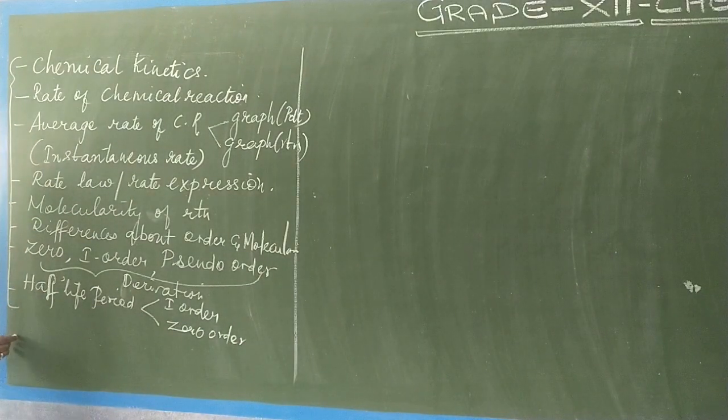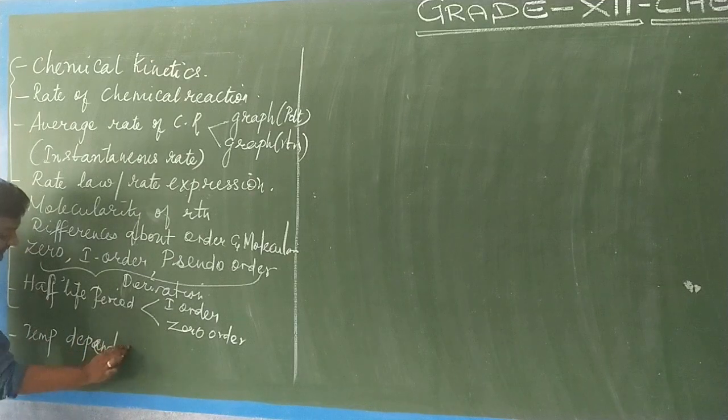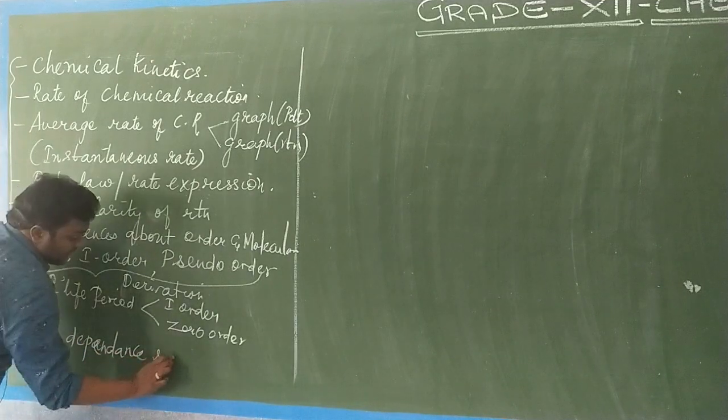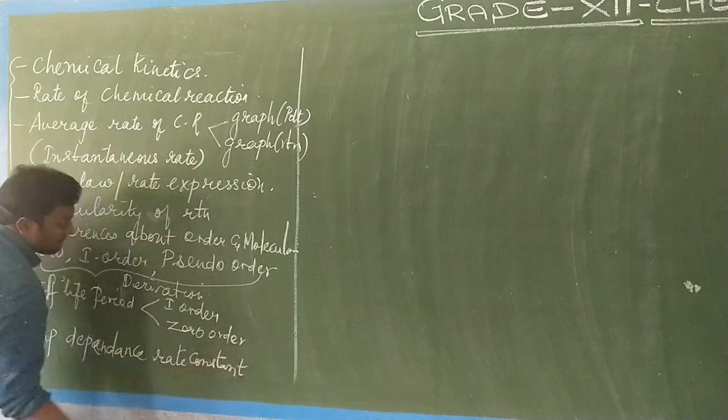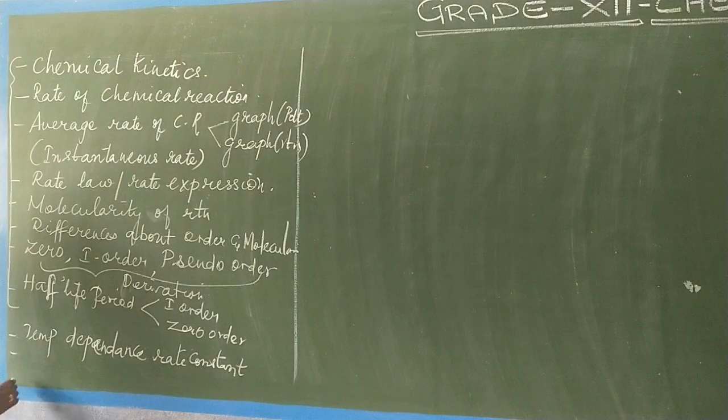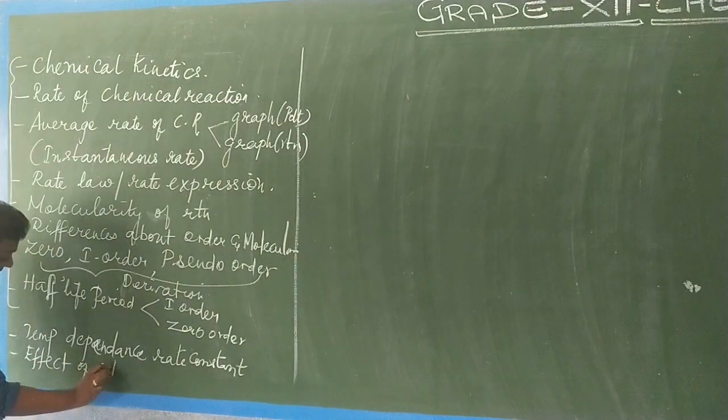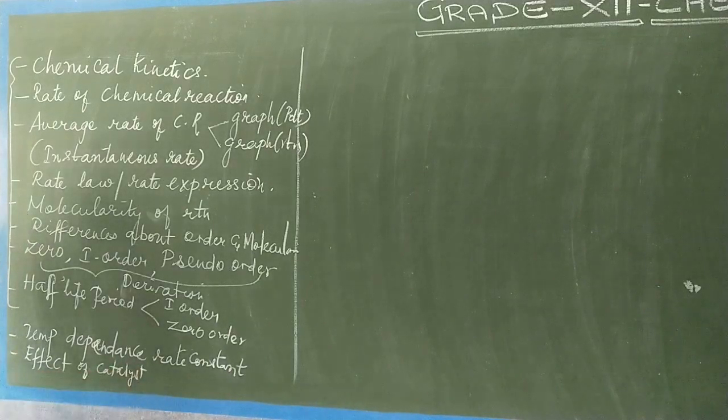The left out portions are temperature dependence of rate constant, temperature dependent rate constant. Next one is effect of catalyst, last one is collision theory. So these 3 topics are left out, that we will see now.